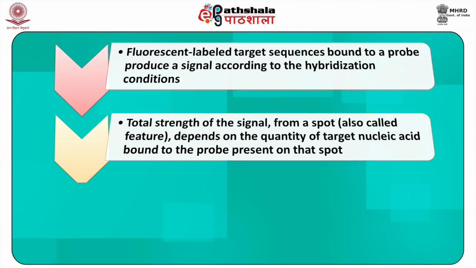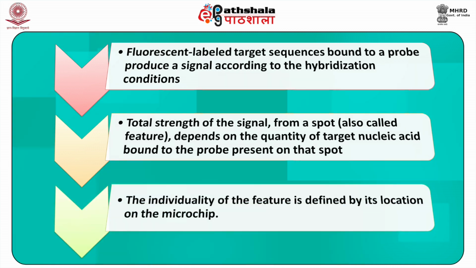Microarrays apply comparative quantitation where the concentration of a spot or a feature is compared against the concentration of the similar feature under a diverse condition. The identity of the feature is defined by its location on the microchip.